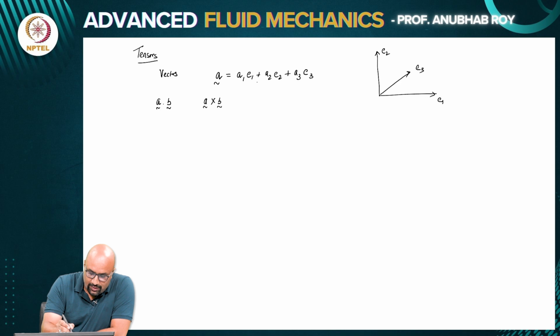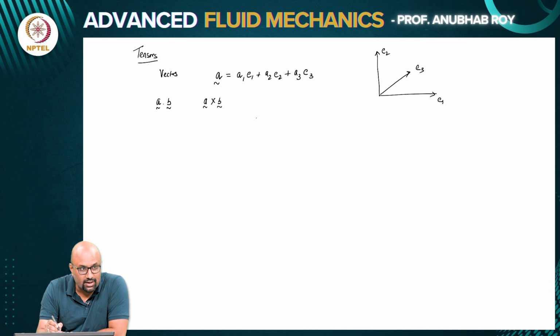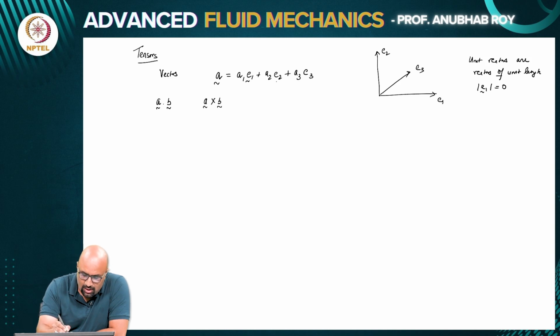So for instance, to start with, since we are dealing with the coordinate system as shown here, E1, E2, E3 are the unit vectors. The unit vectors are vectors which, by definition, have unit length. E1 is also a vector, so ideally I should put a squiggly sign below these also, but we will understand that when I write E1, E2, E3, they are actually vectors of unit length along the axes 1, 2 and 3.